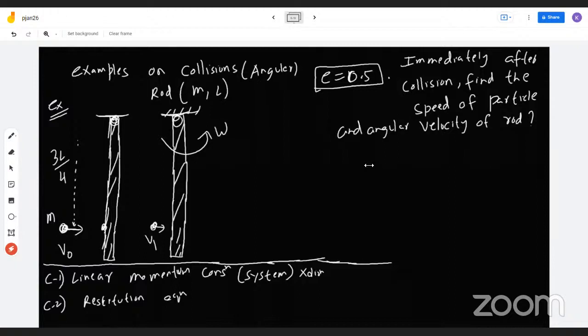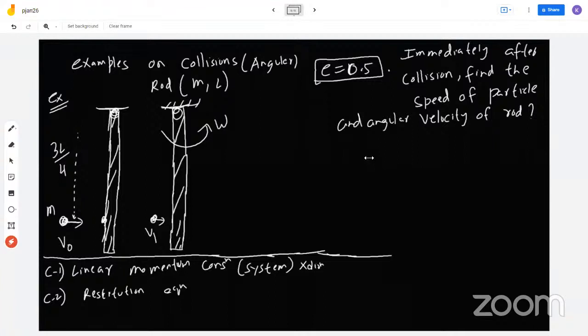Soumya, Utkarsh, Vatsal, Aditya, Anya, is the net force 0 on the system of rod and particle? Aditya, I was asking about force.